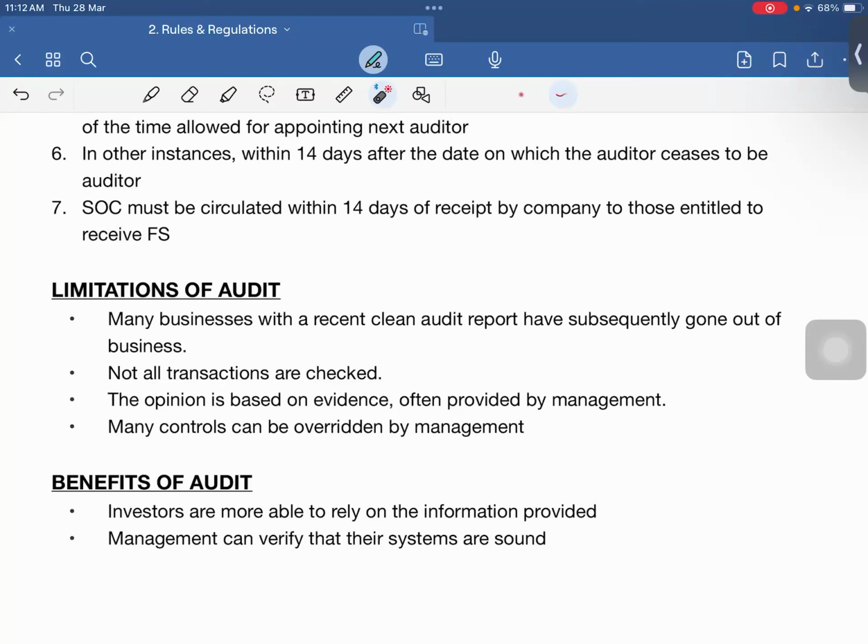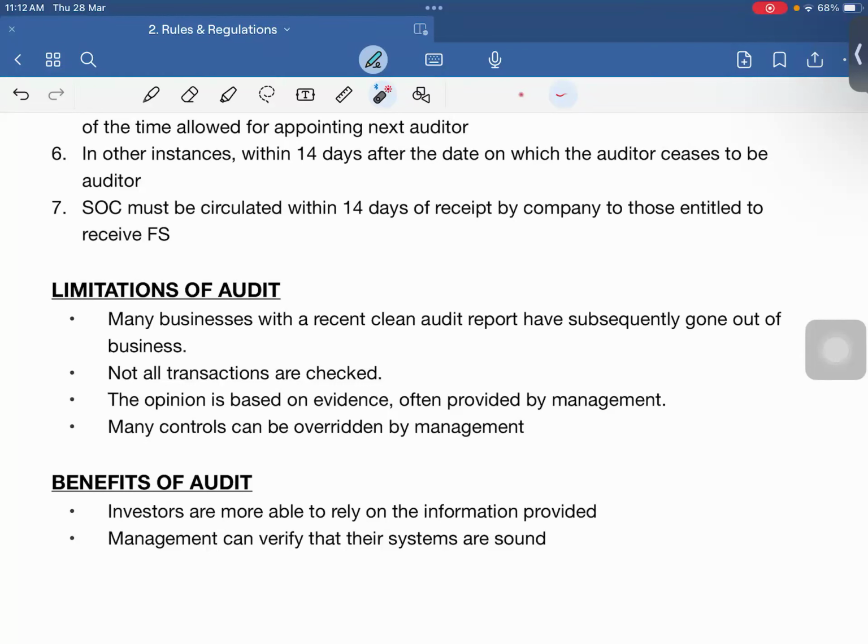No, right? You don't do that. So our FS is prepared on the assumption that our company would be a going concern. That means we are not going to end it soon. So when you are an auditor, you're going to check whether the company has the potential to be a going concern. Understood?